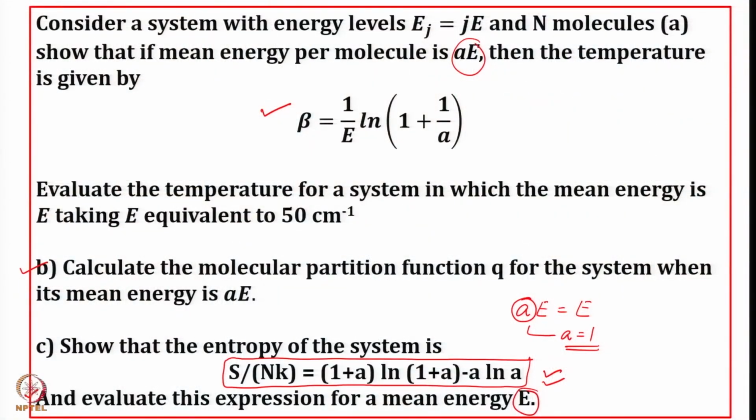If you look back at the original statement, it started with uniform ladder of energy levels. From that knowledge of uniform ladder of energy levels, we knew what is going to be the expression for the molecular partition function. Once you have the molecular partition function, you know how to connect with the different thermodynamic quantities.